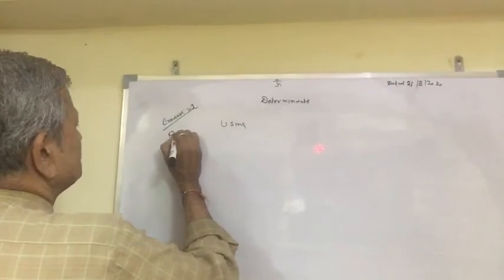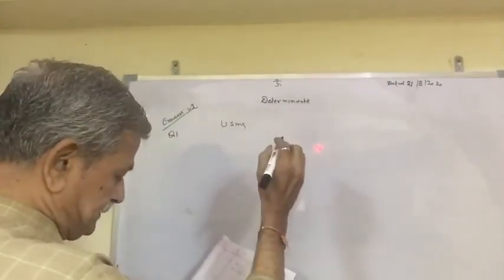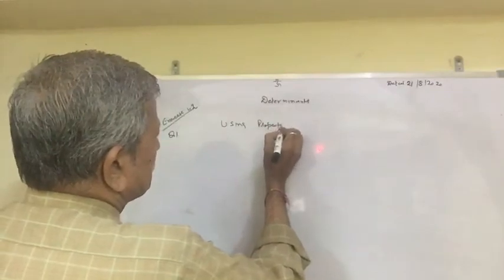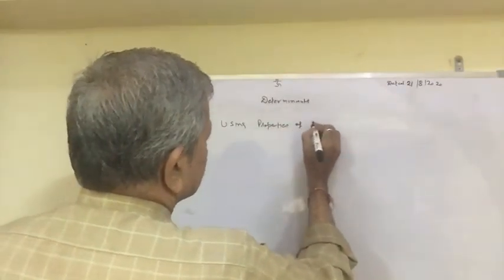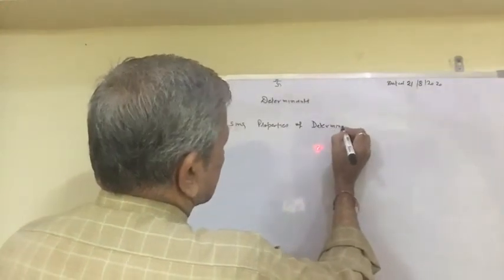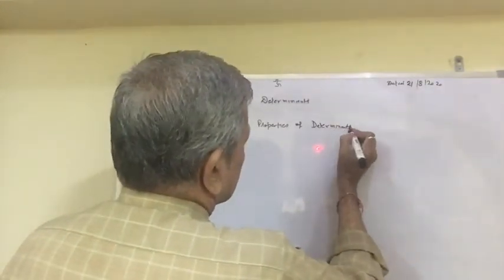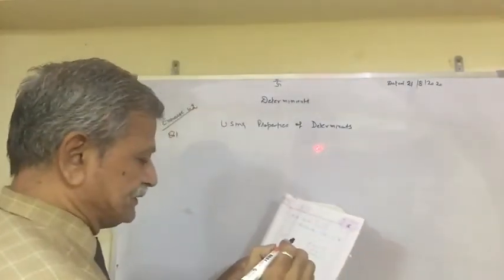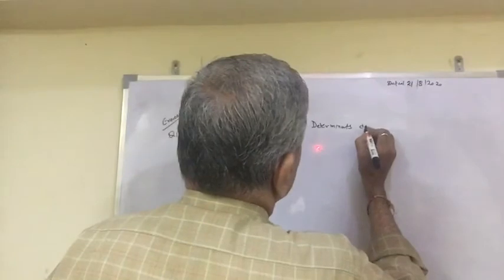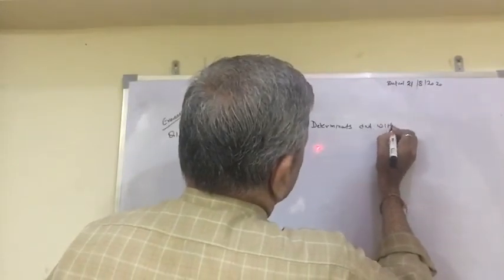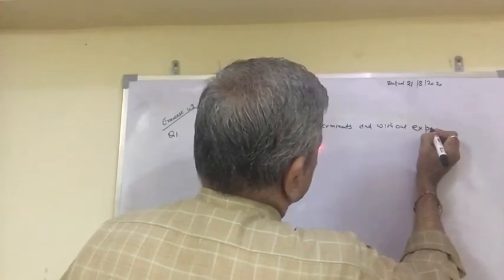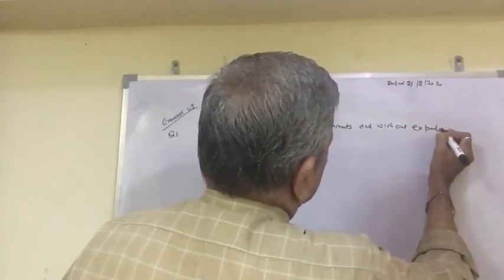Question number 1 of 4.2: using properties of determinants, and without expanding, solve.